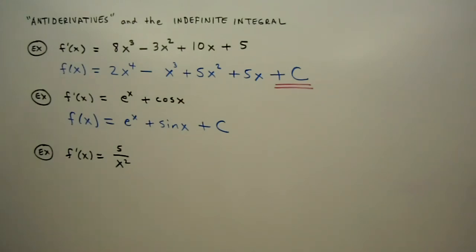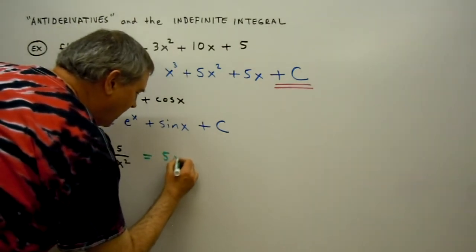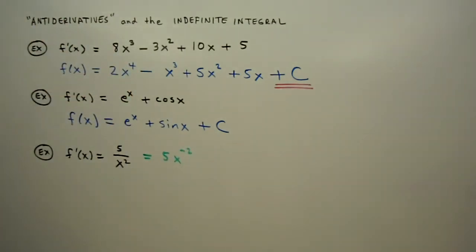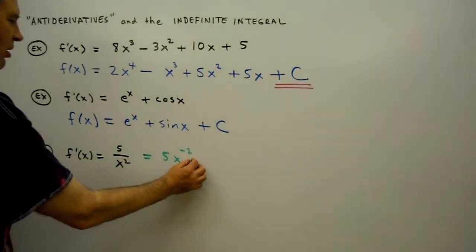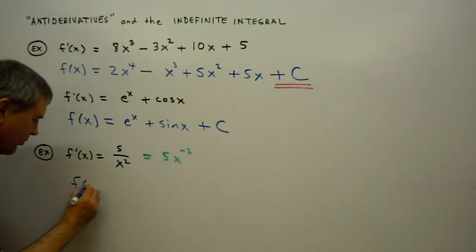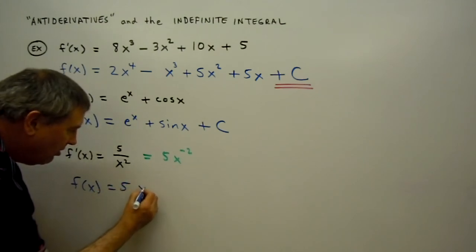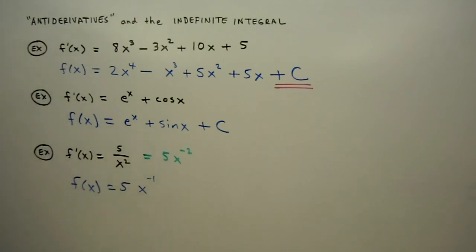All right, for the third example, we have 5 over x squared. So really the best way to think of this is actually 5x to the negative 2. And think, what would the power have been in order to give you a derivative of x to the negative 2? Remember that this is a power that would have dropped by 1. So going in reverse, going up by 1, you figure that the x would have gone from x to the negative 1.